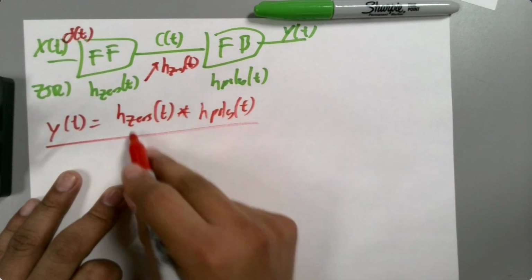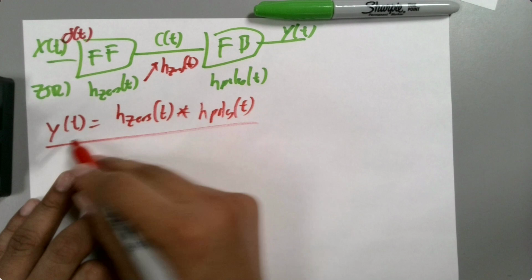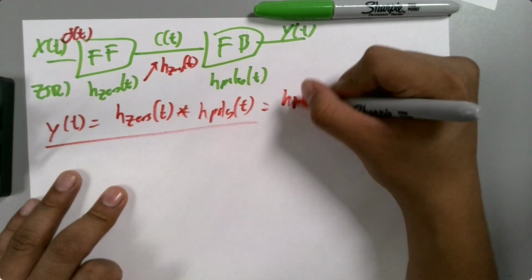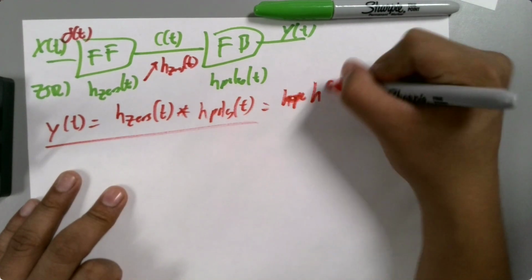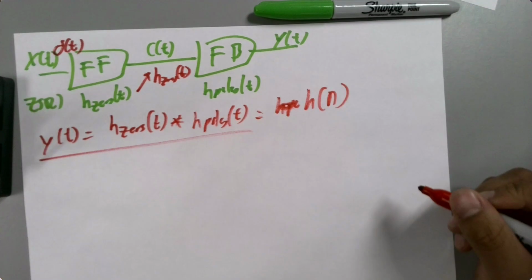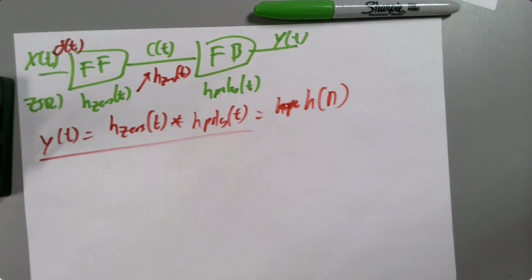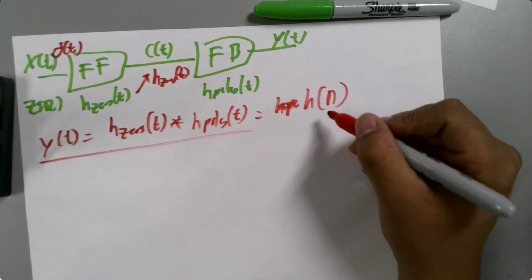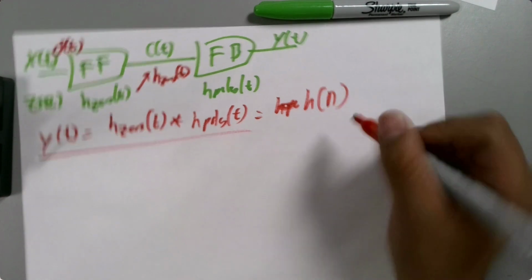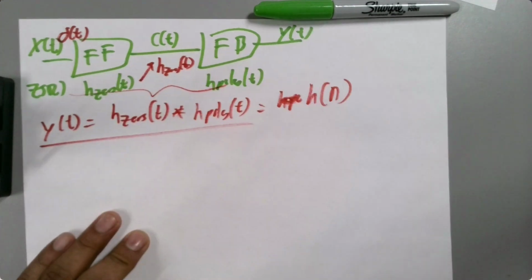So that means when we convolve these, we're going to get purely the impulse response of the total system. What is it? H of n. Why? Because I'm treating this as a total system.